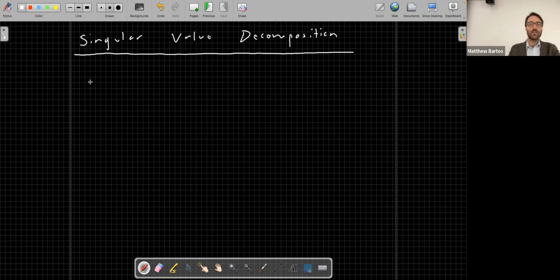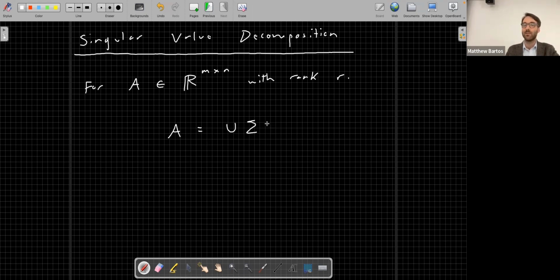So essentially, for any matrix A in R, let's just say it's in the real numbers, in R m by n with rank r, we can take any matrix of this form, whether it's square or non-square, and we can write it in a form that's analogous to the eigendecomposition as A is equal to U times sigma times V transpose, where sigma is a matrix of the form S 0, 0, 0, and where S is the diagonal matrix of singular values from sigma 1 through sigma r.